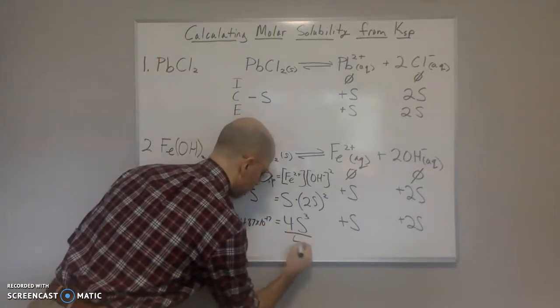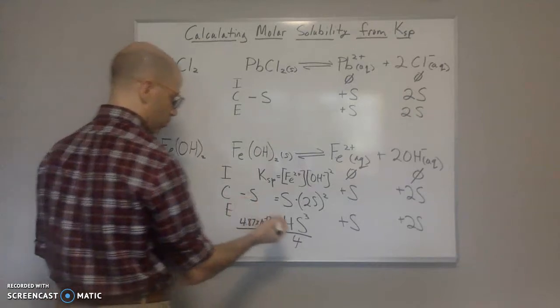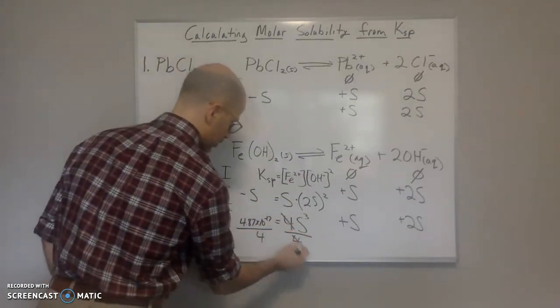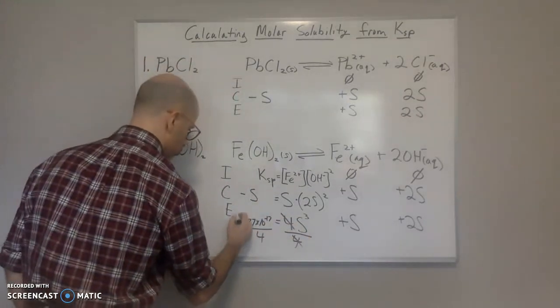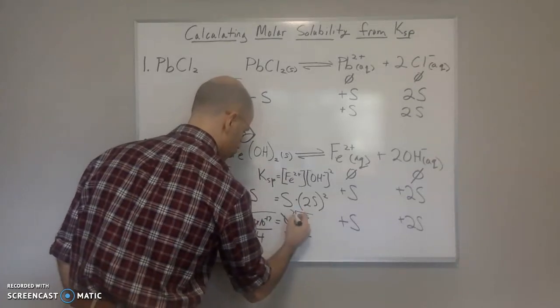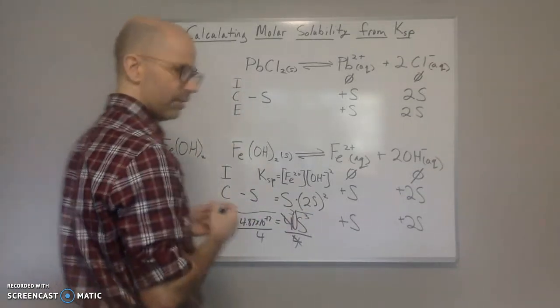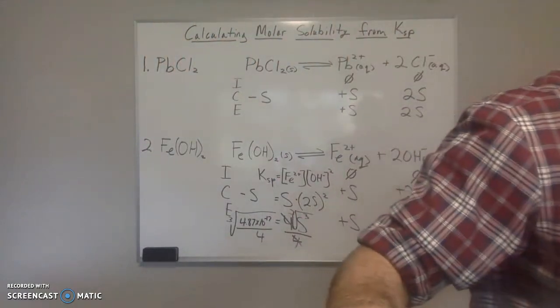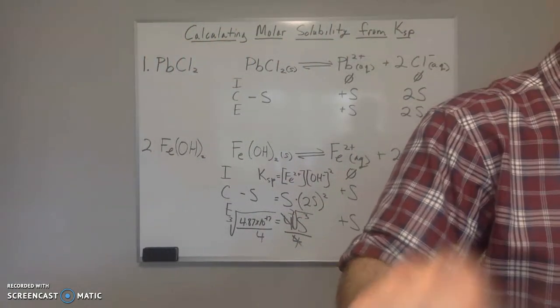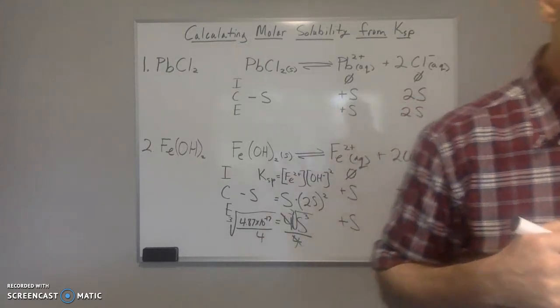So we'll divide both sides by 4. And then this will cancel out, then we're going to have to cube root both sides, right? Cube root both sides, get rid of s. And then when we do that, we get 2.30.